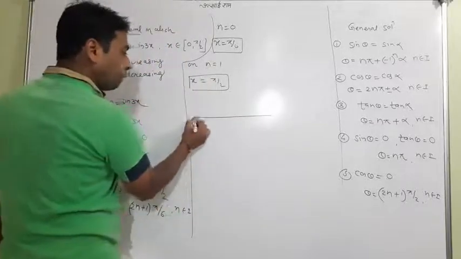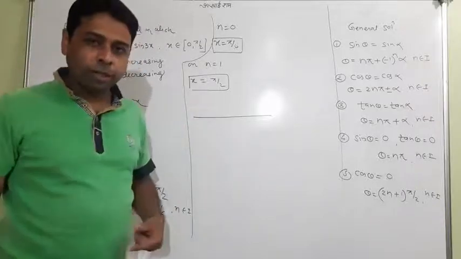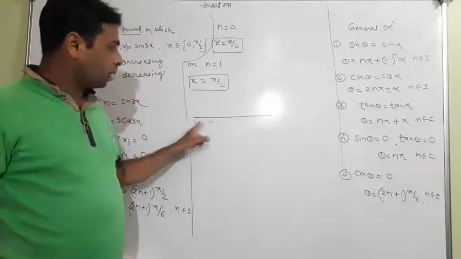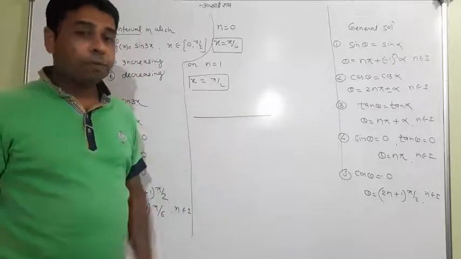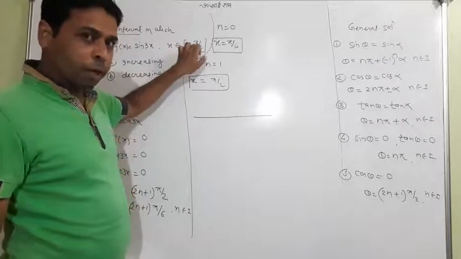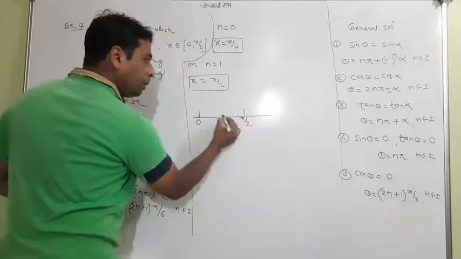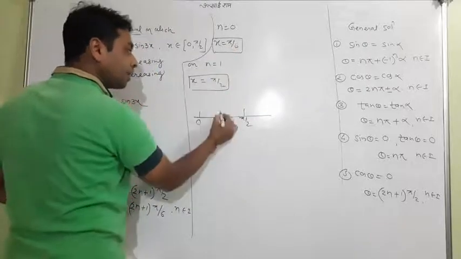Look at, very important. You remember, students, yesterday we did 2 or 3 questions, and there we wrote minus infinity to infinity. But this time we won't write like that, because it is specially given that from 0 to pi by 2. So we will take only 0, we will take only pi by 2, and between them we have only the number pi by 6.